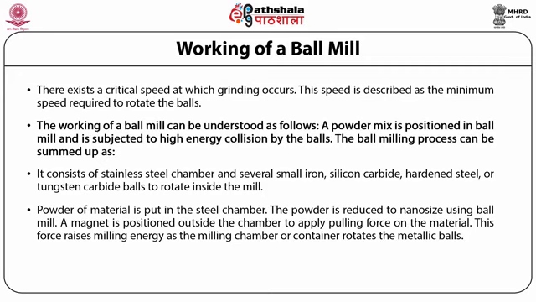A magnet is positioned outside the chamber to apply a pulling force on the material. This force raises the milling energy as the milling chamber or container rotates the metallic balls. The ball to material mass ratio is generally kept at 2:1.